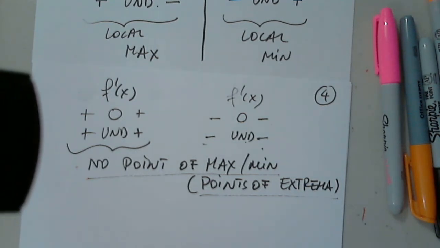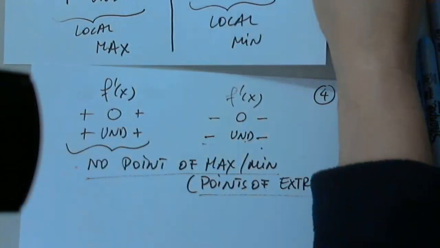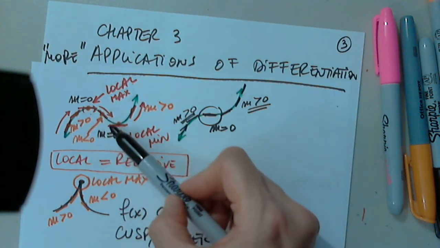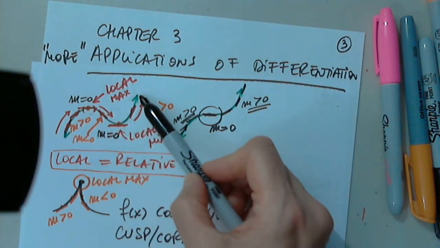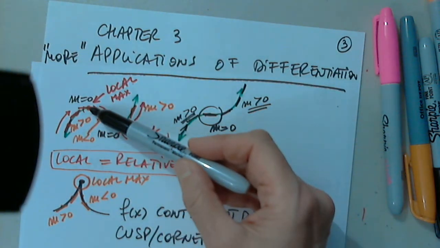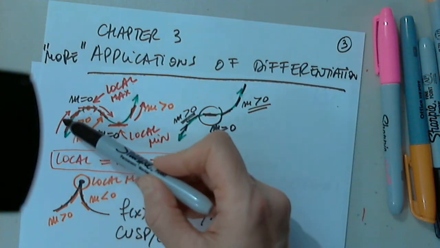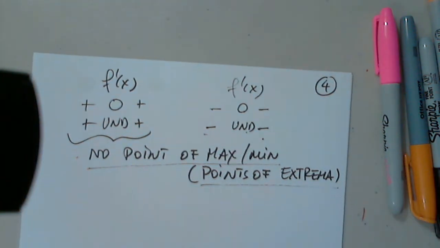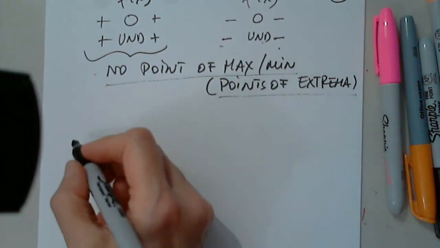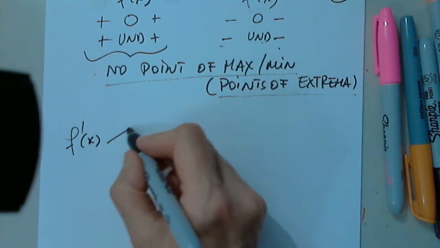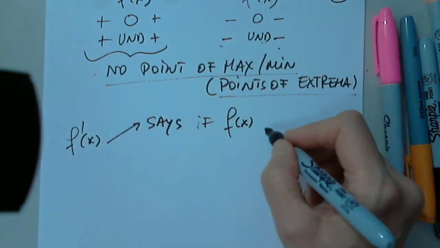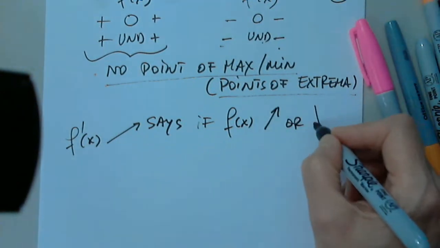So what are we trying to say here? We are trying to say that the derivative tells us a lot about the function. It tells us where the function has max min, and it also tells us when the function is increasing or decreasing. So let me write that down for you. F prime, number one, says if f of x is increasing or decreasing.